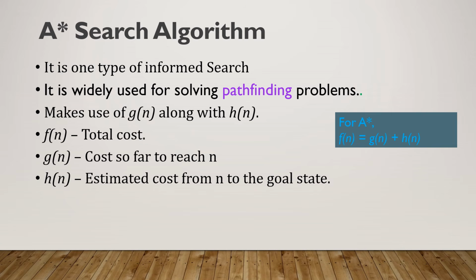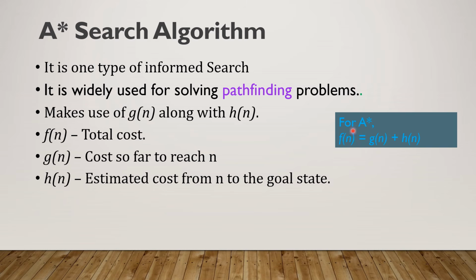In the A-star search algorithm, we have to calculate the function value denoted as f of n. The f of n formula is g of n plus h of n. Here g of n is the cost so far to reach n and h of n is the estimated cost from n to the goal state.